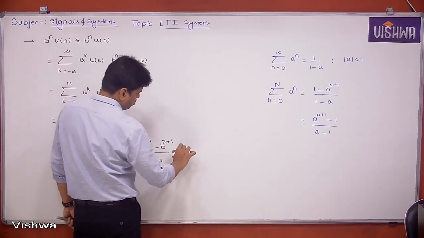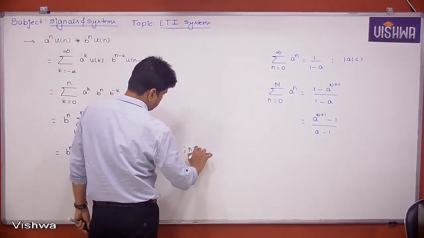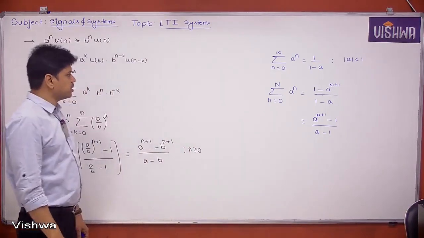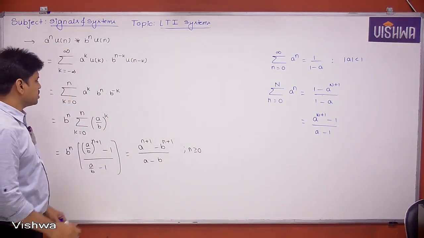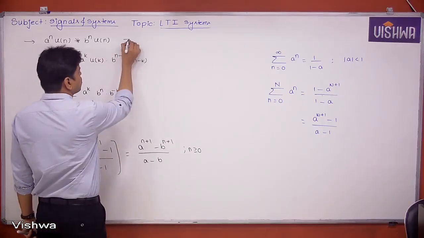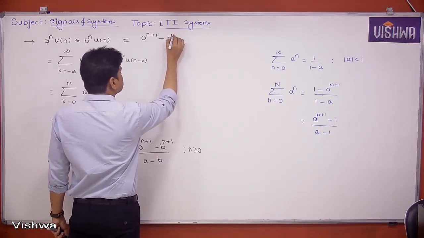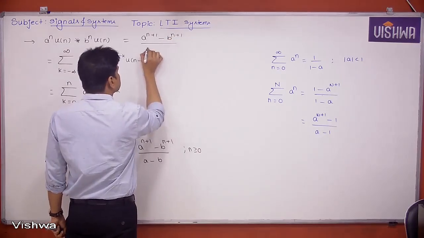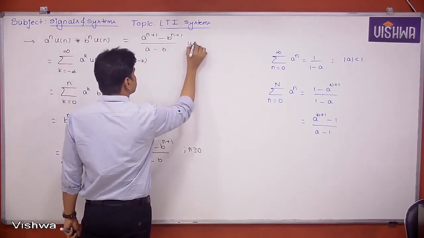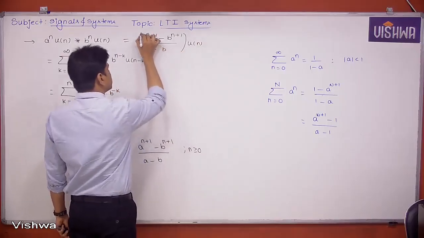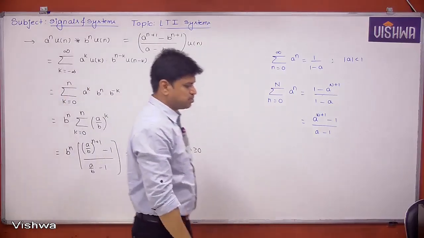This is all possible when n is greater than or equal to 0. That means I can rewrite, or simply we can remember, (a power n plus 1 minus b power n plus 1) by (a minus b) u of n. Okay, take it.